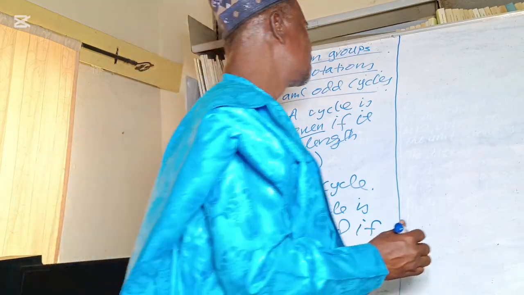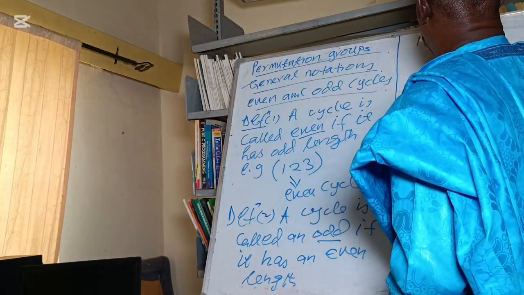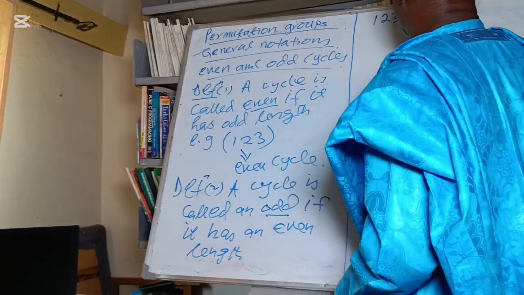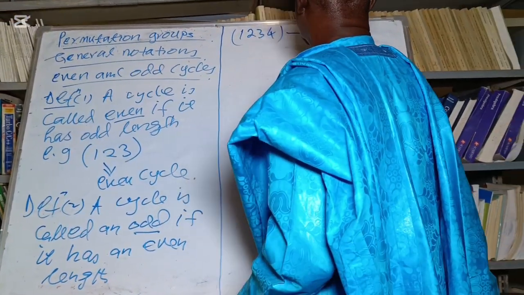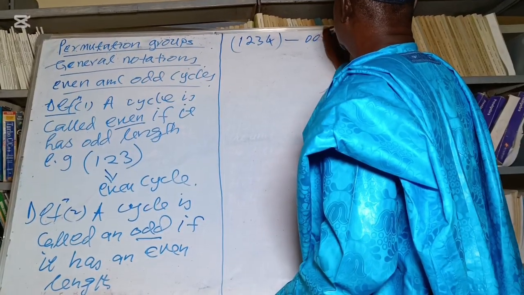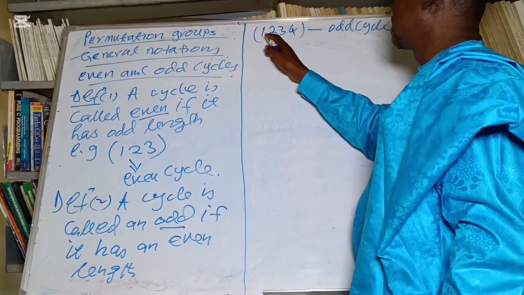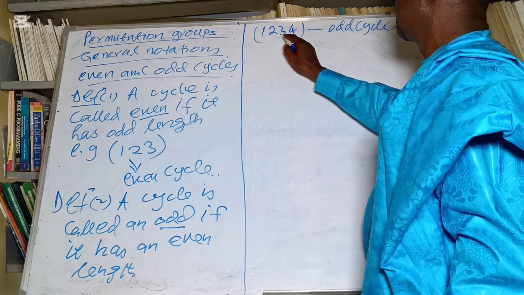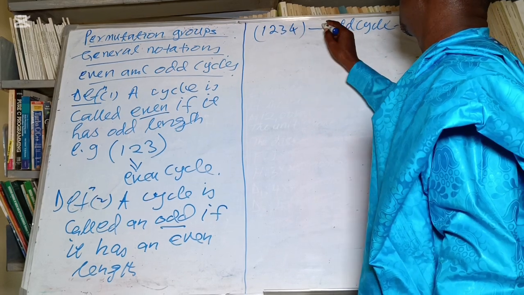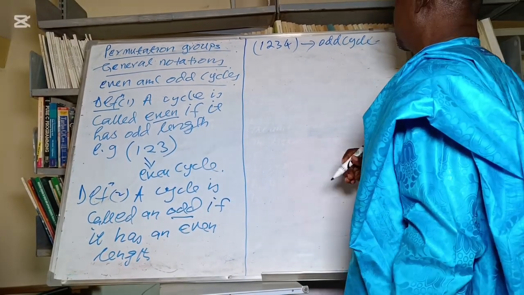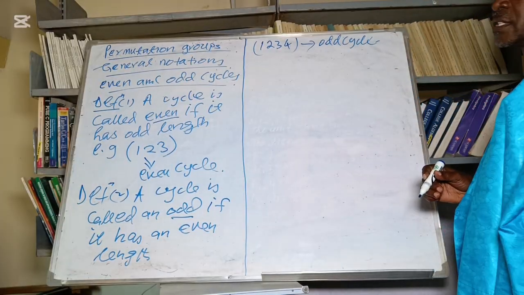Example, if you have (1, 2, 3, 4), this is an example of an odd cycle. Why? Because the length of this cycle, 1, 2, 3, 4, is 4, and 4 is an even number. So that means the cycle is an odd cycle.